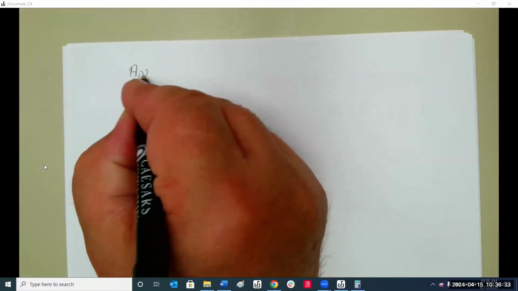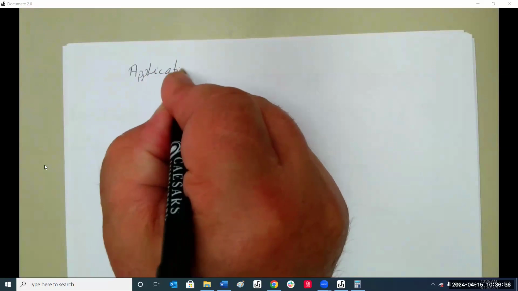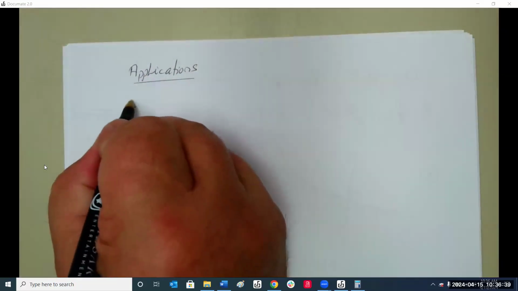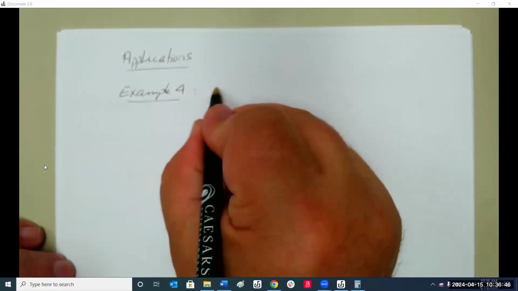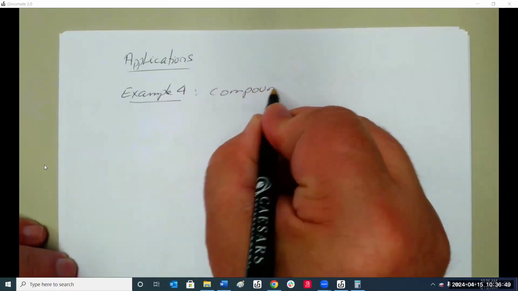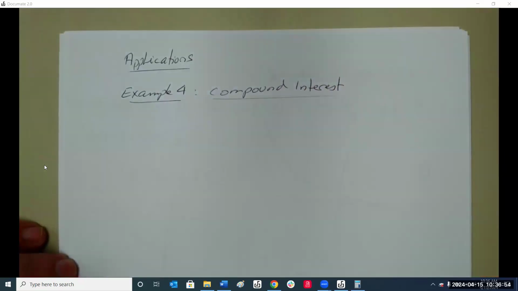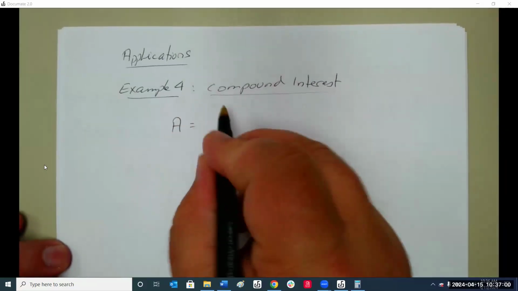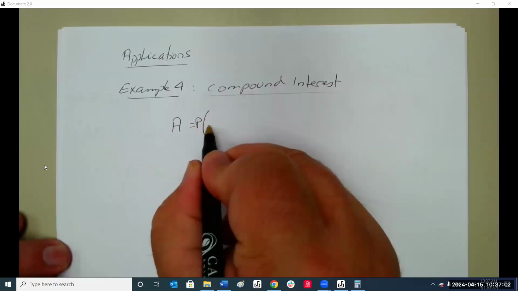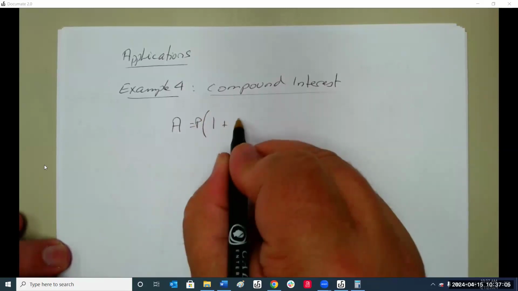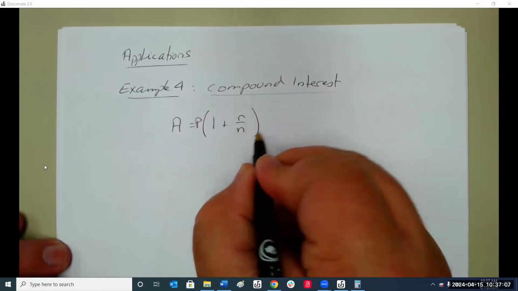Now, applications. Example 4. Compound interest. We have 2 types of interest whenever we borrow money: simple interest and compound interest.